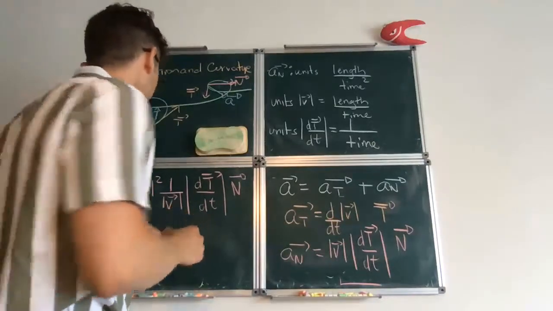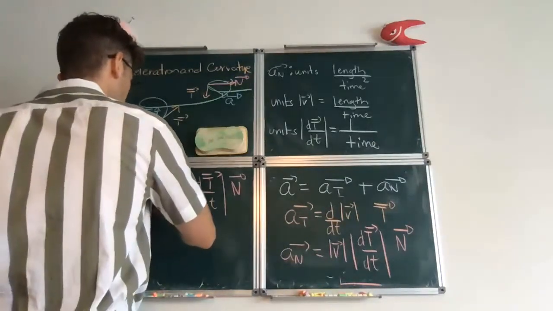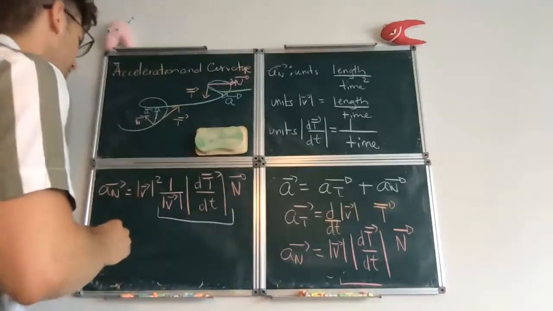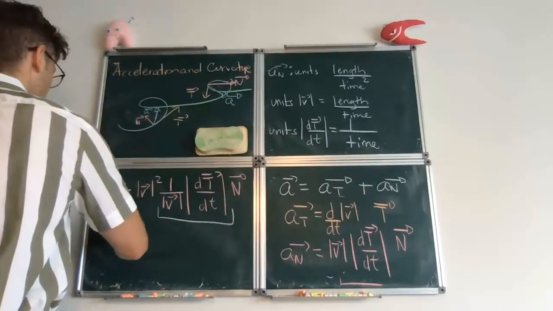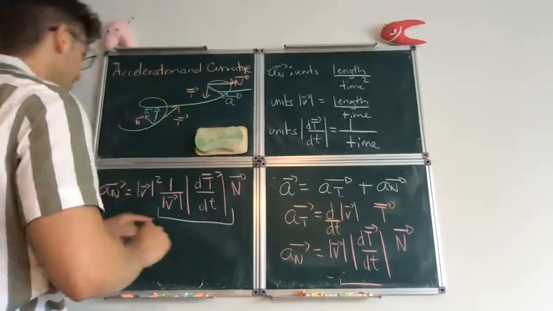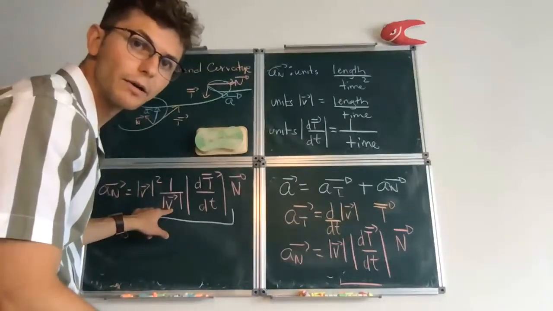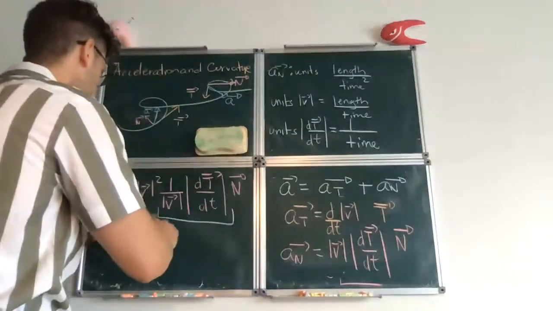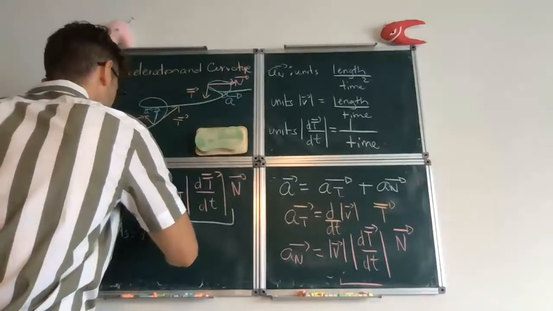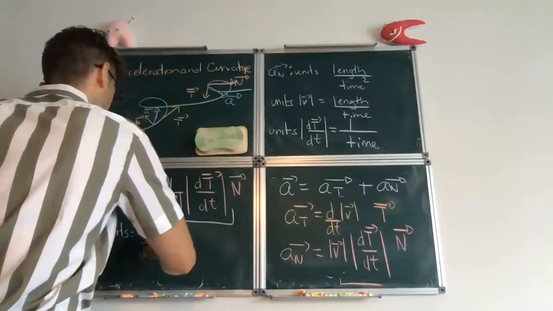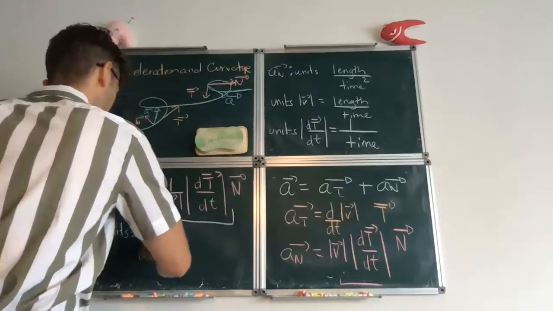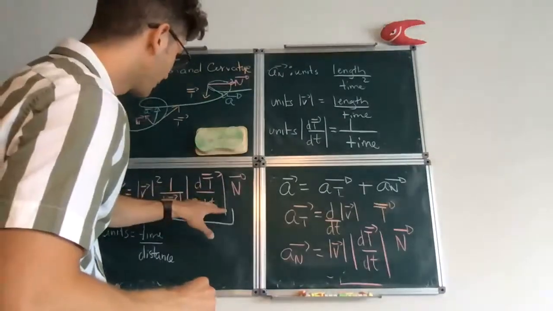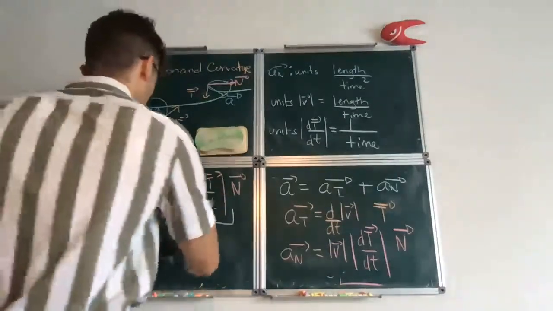Now, what are the units of this quantity? It has the units of inverse speed, so this is time over distance. And this part had units of 1 over time.